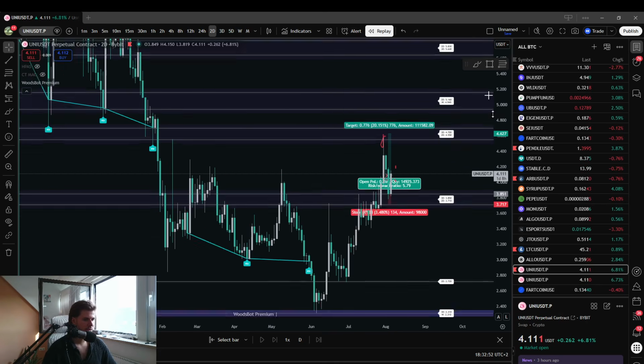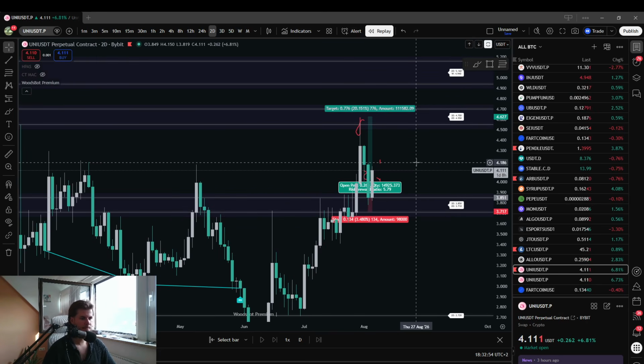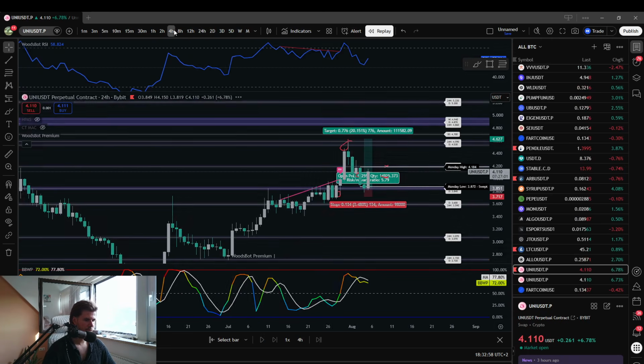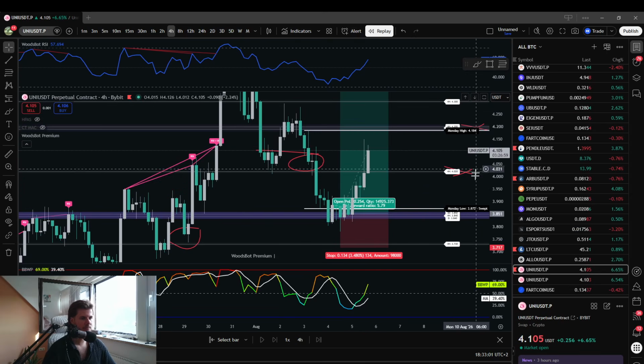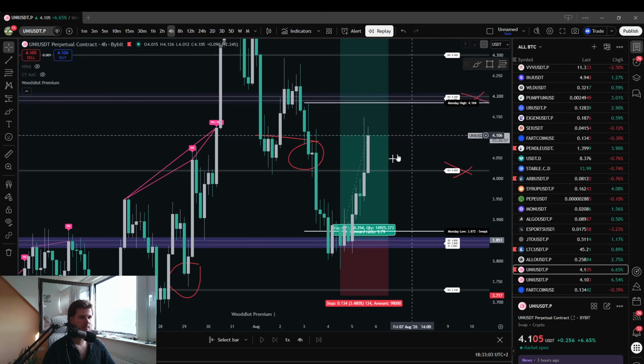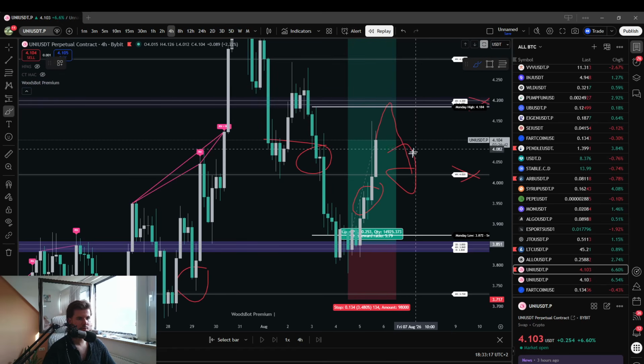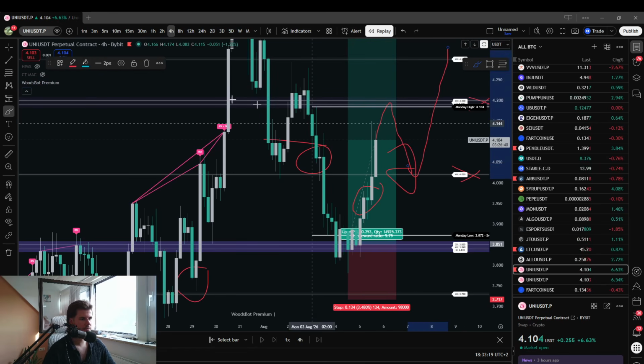Uni is looking also really good. This should definitely continue higher, in my opinion. Maybe Uni is gonna be pumping into this confluence zone, reject again, retest, and then form a higher low right here, or into this demand zone. And if it does that, it should continue higher.